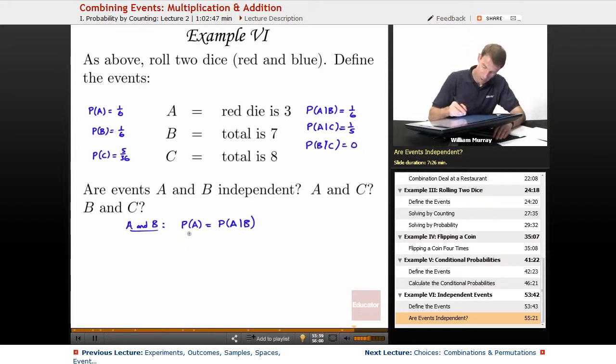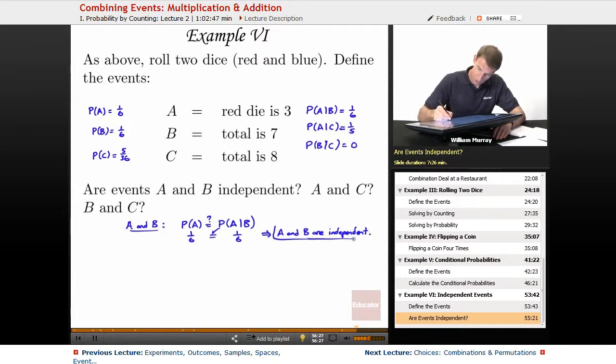Probability of A, I wrote down, was 1/6. Probability of A given B is 1/6. Those are equal. So that tells us that, yes, A and B are independent. That's our answer for A and B.